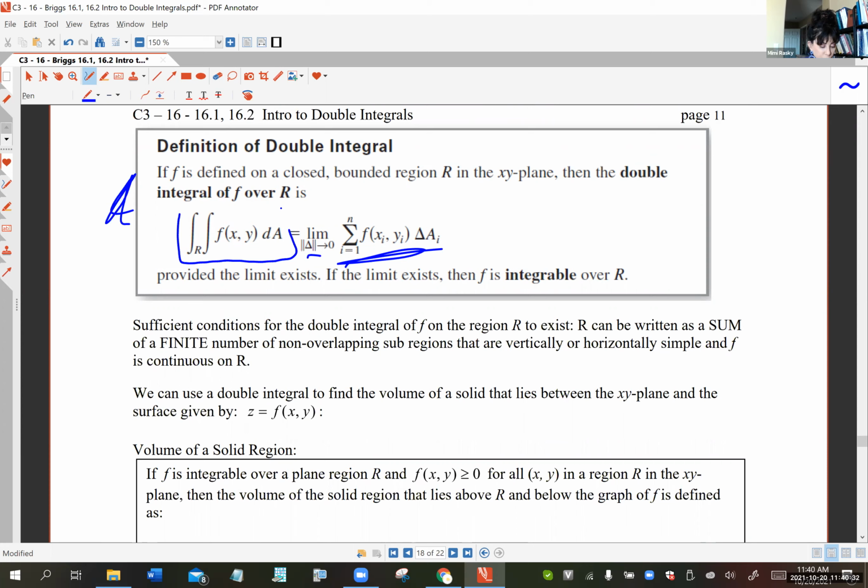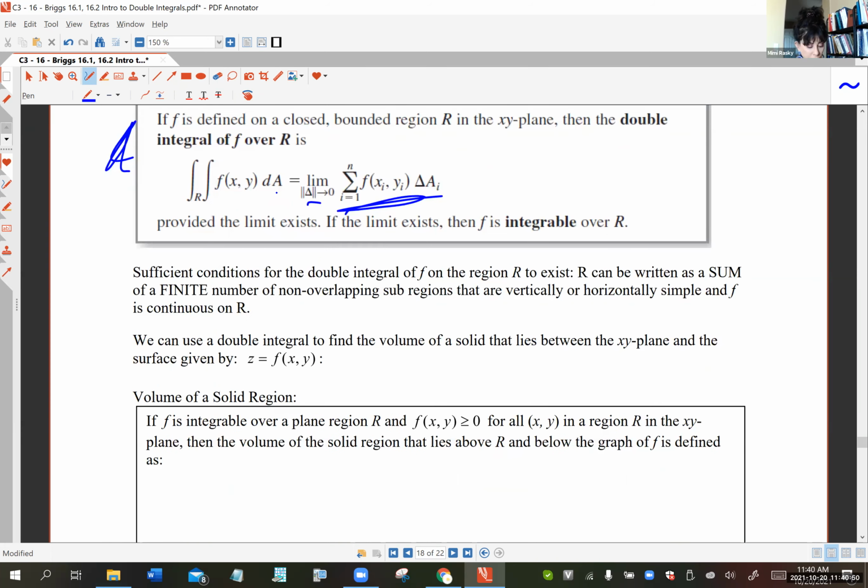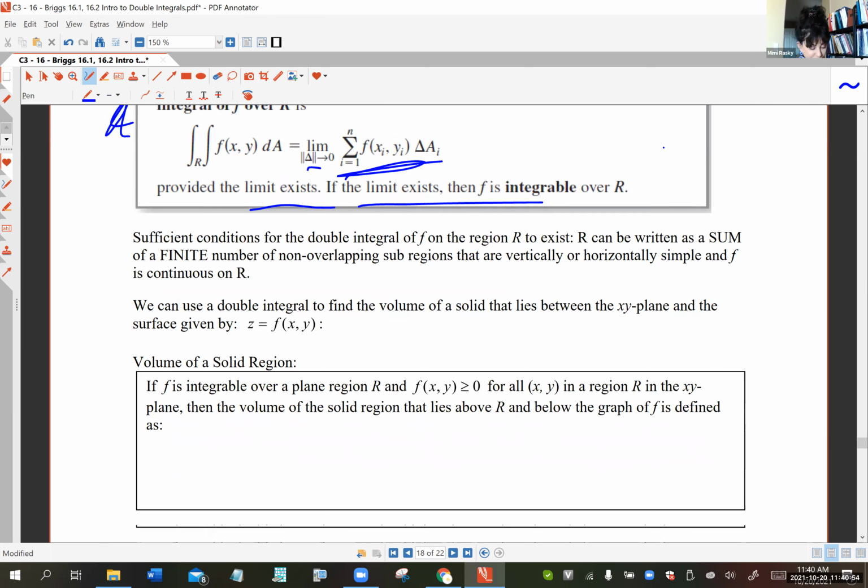And this is one of those generic double integrals I told you about, where over here you have dA, which could represent dy dx or dx dy, your choice. And you have an R down at the bottom of your symbol. And that just means over your region. And the region R is the base of your solid. And of course, provided the limit exists, then your function's integrable.